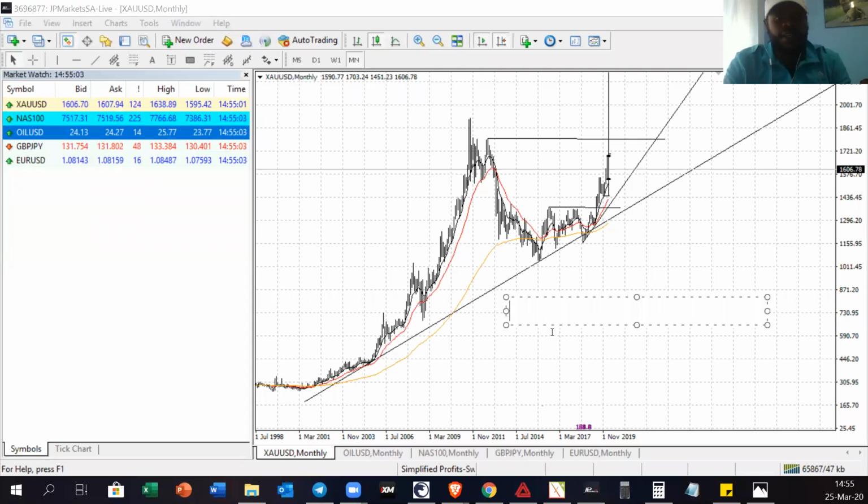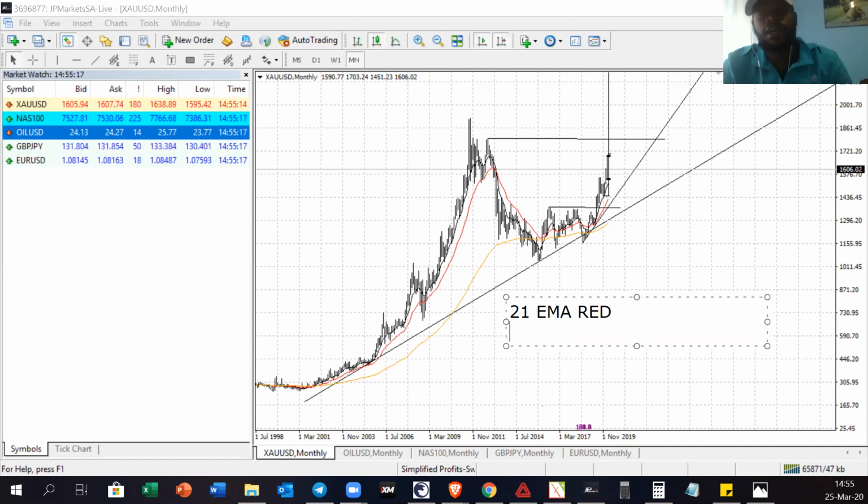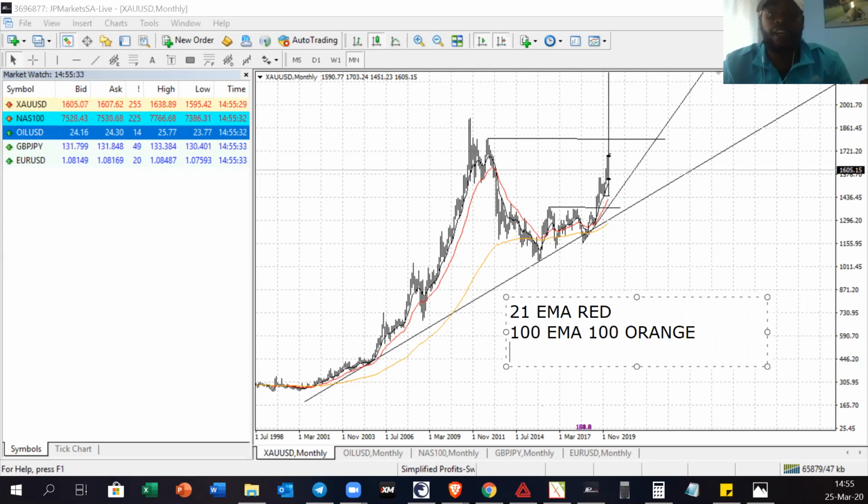I use a 21 exponential moving average, which is the red line on my chart. I also use a 100 exponential moving average, which is the orange one, and an 8 moving average, which is the black one.